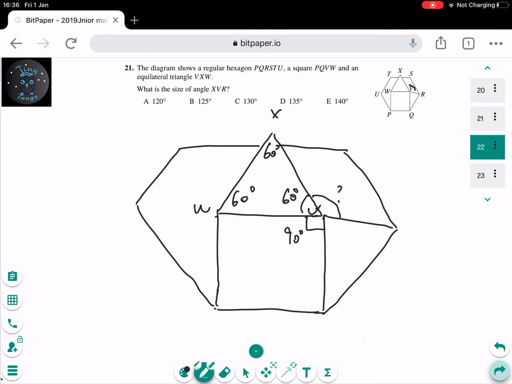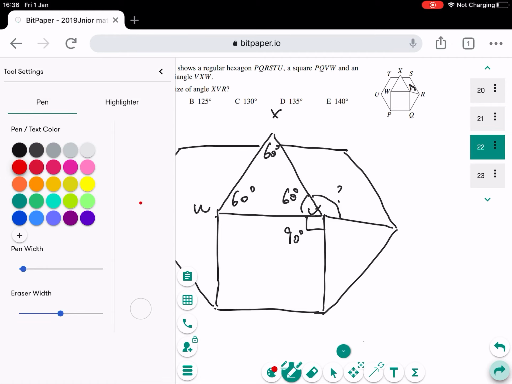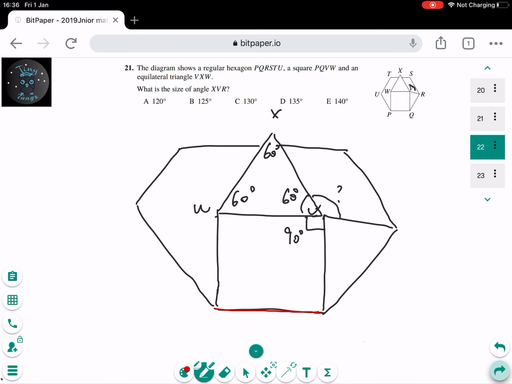And what we do now is that we can know that this side, because it's a regular hexagon, the bottom length of the square equals this length, which also equals this length.